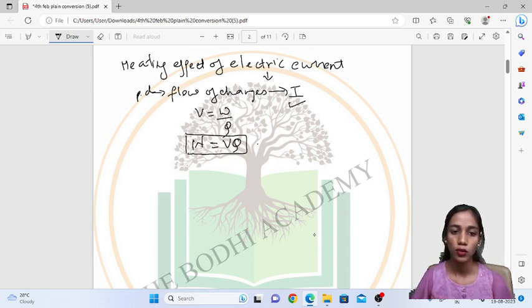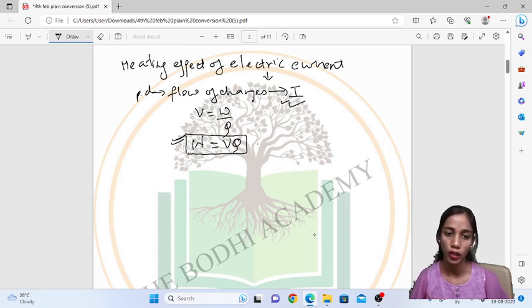Okay, so now it is observed that the work done, this is the energy expended to produce the current, but a lot of energy is also produced.